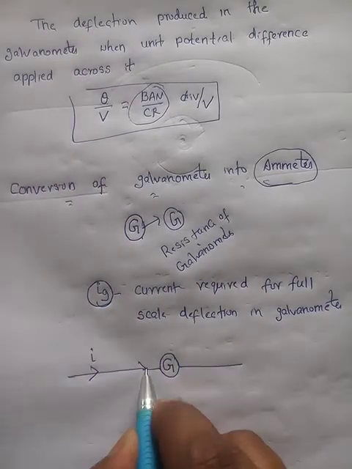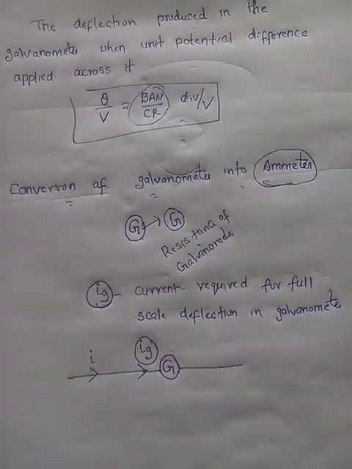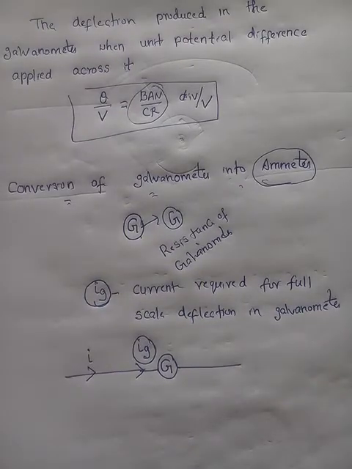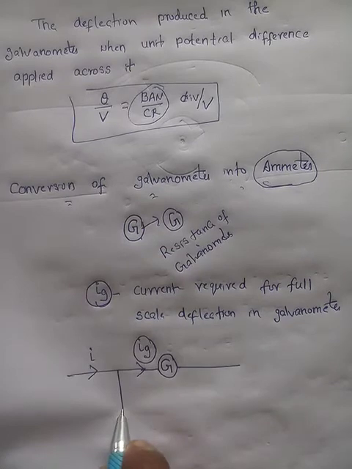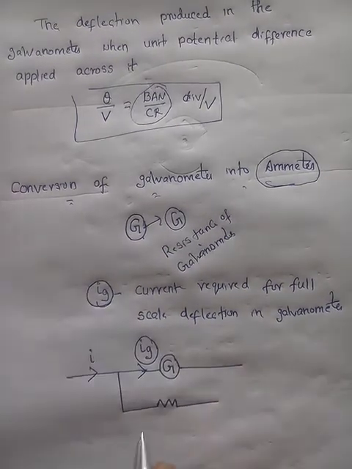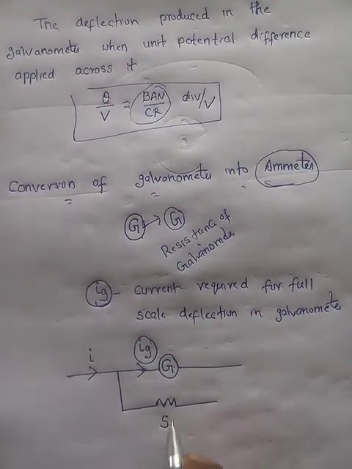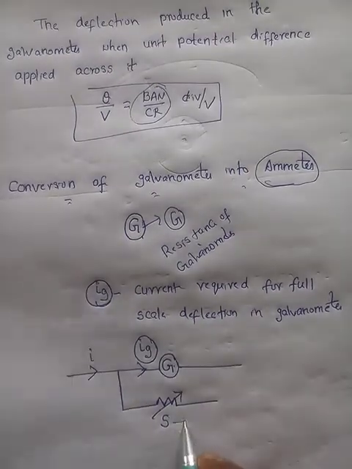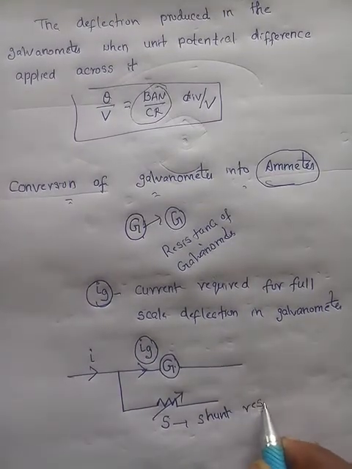The maximum current that can be measured by the galvanometer is Ig. If you give more current, the galvanometer gets damaged. So we connect a small resistance in parallel to the galvanometer. That resistance is called shunt resistance.